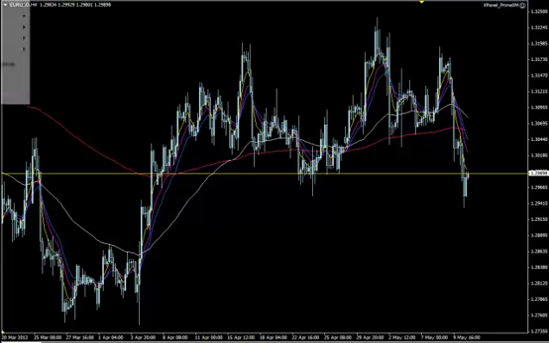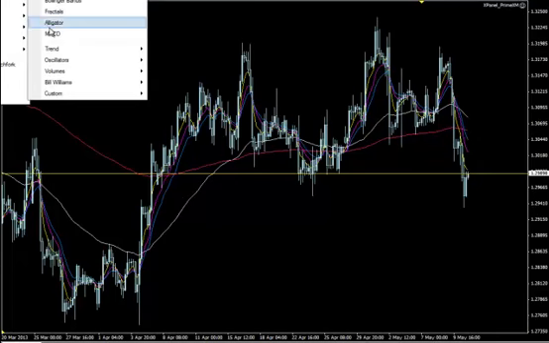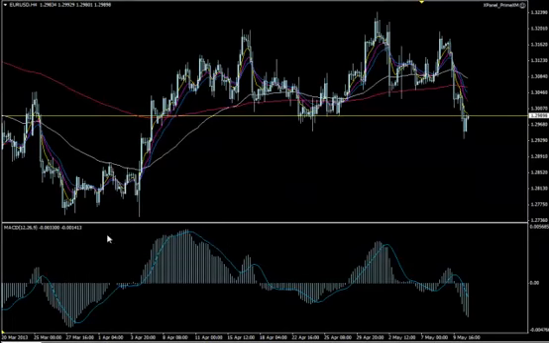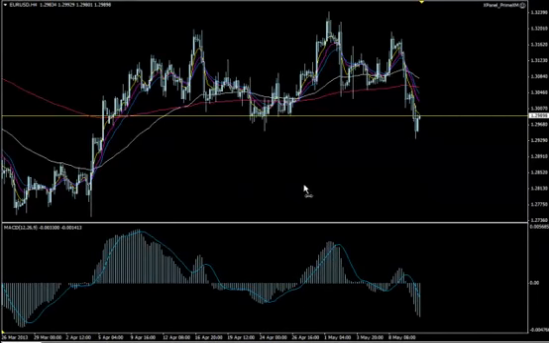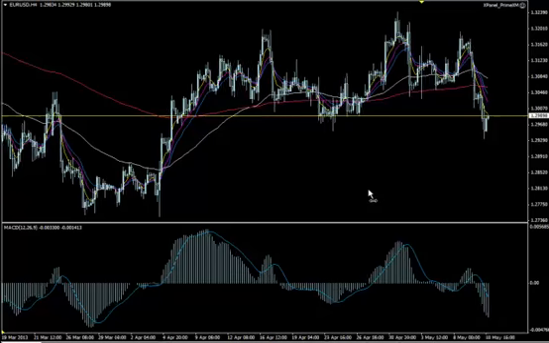And then I can insert MACD, and let's see how things look.